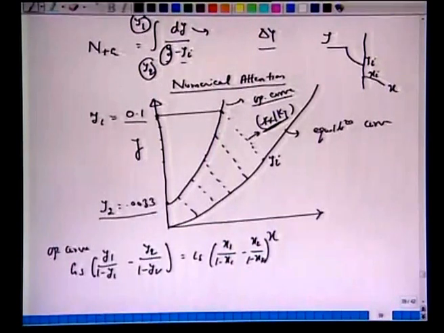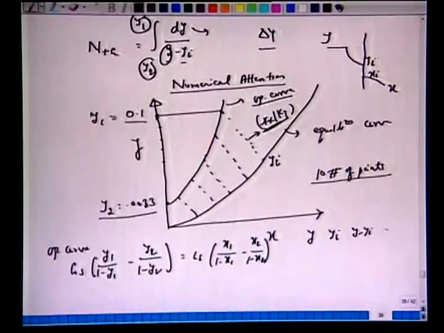So, take as many points as possible between 1 and 2, preferably at least 10 points, and then you make a table of given y, what is yi, y minus yi, and of course, del y. You write down 1, 2, 3, add all of this, perform these calculations to obtain NTG, number of transfer units, and you should be able to obtain this NTG as around 21.5.